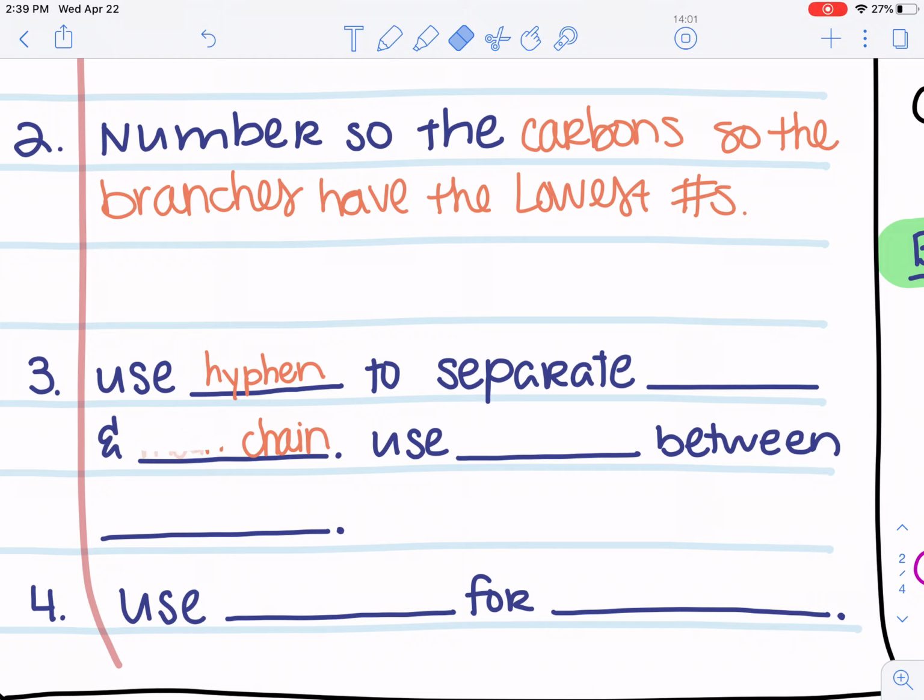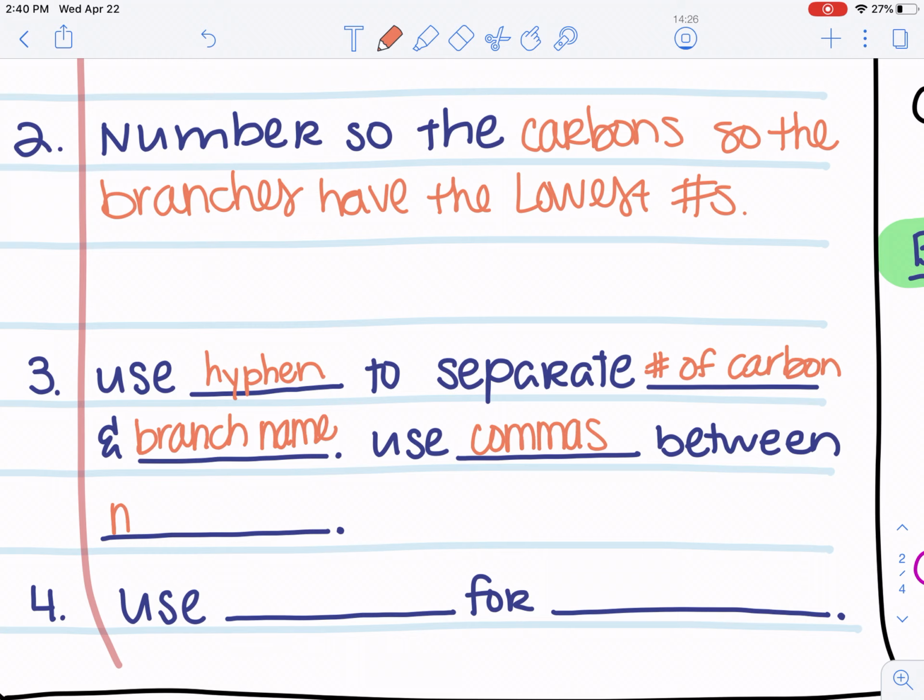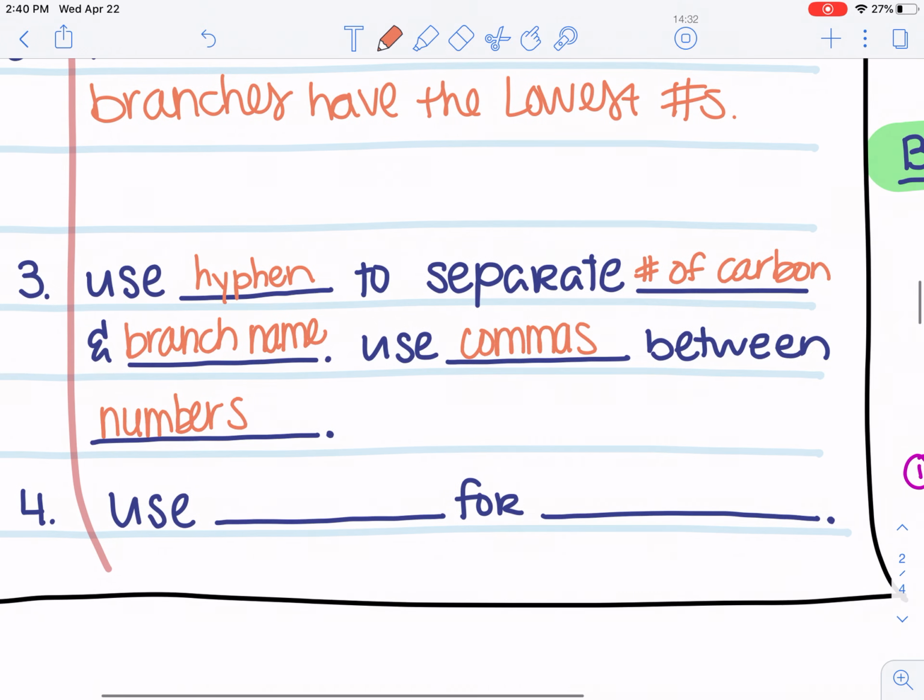Let's fix this. I'm going to use a hyphen to separate the number of carbon and the branch name. I'm going to use commas between numbers if I have more than one of the same branch.